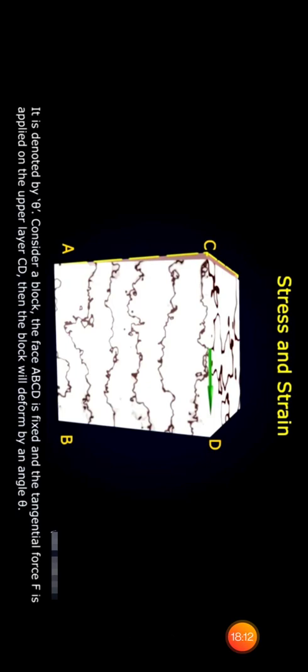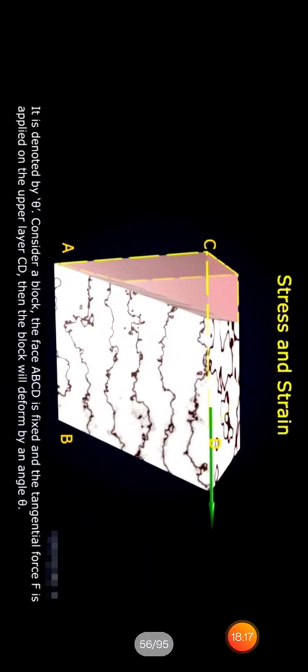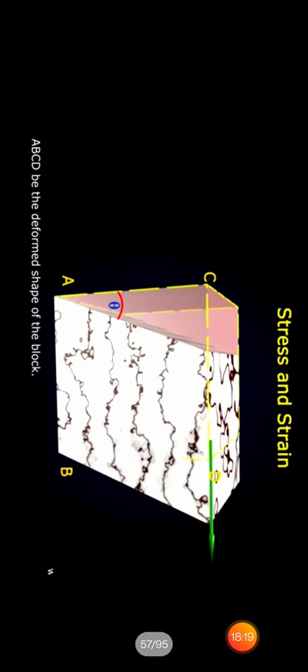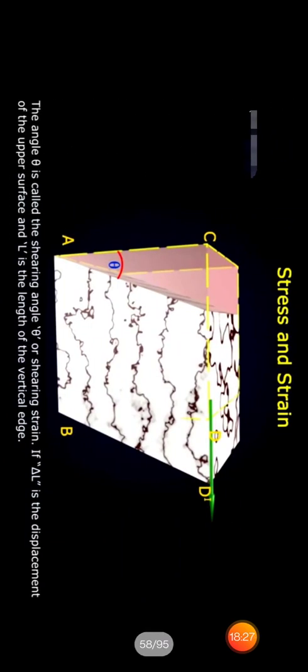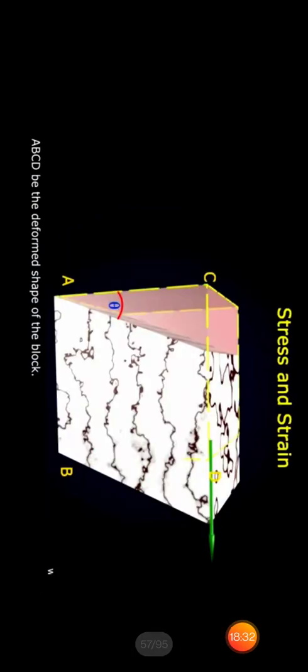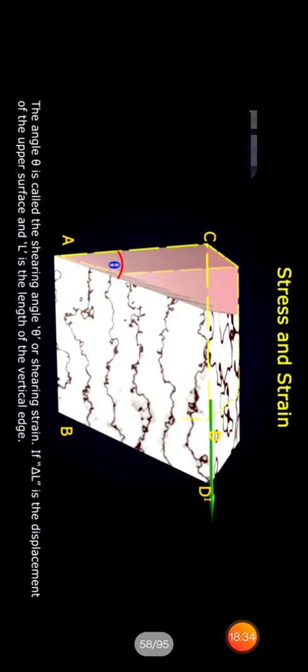Then the block will be deformed by an angle theta. Now ABCD shows the deformed shape of the block. The angle theta is called the shearing angle, that is, theta of shearing strain.